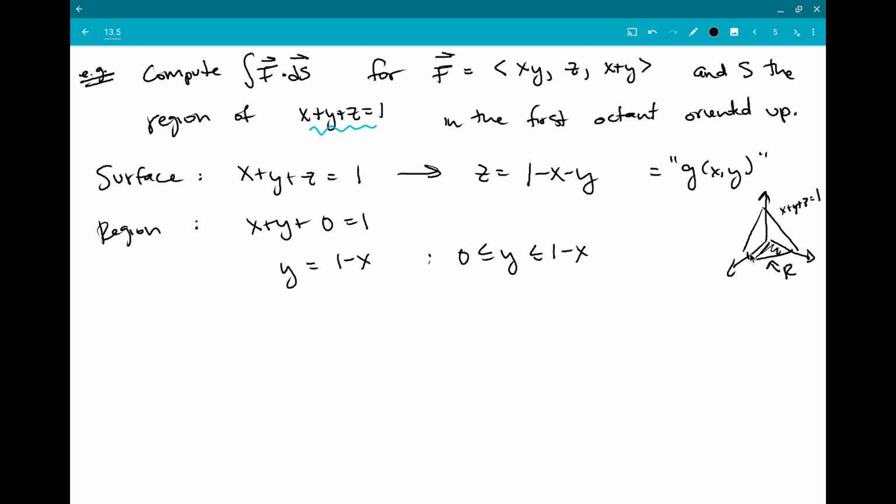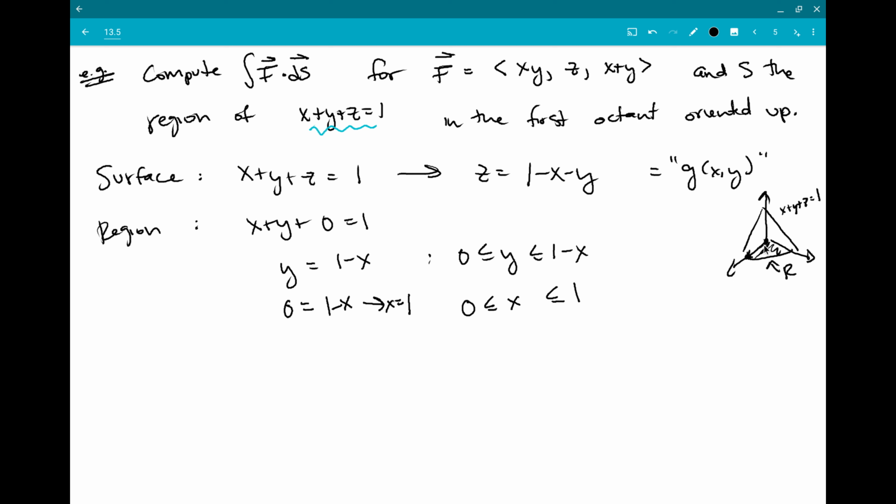And then if I want to find my x intervals, I know that x starts at 0 right here and goes up to some value right there where the line y equal 1 minus x hits the x-axis. So then I just have to set 0 equal 1 minus x, which tells me that x equal 1.